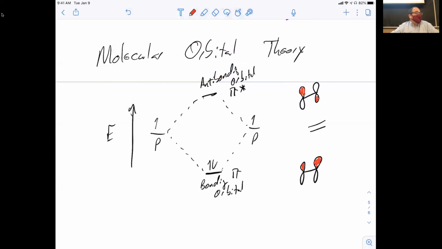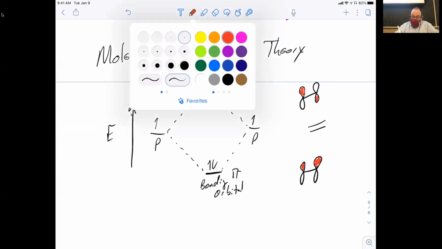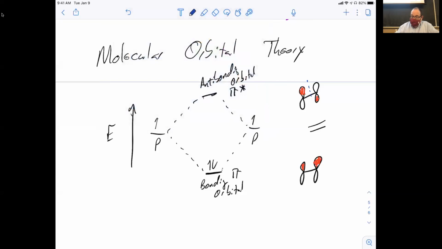In one case, they're in phase. When they're in phase, they can communicate. When they're out of phase, there is a node. Anytime I have a node, there is no communication. So for a simple ethene molecule, or ethylene, I have the pi and the pi star. In the pi's case, I have communication between the two p orbitals. In the pi star's case, I have no communication between those two p orbitals.